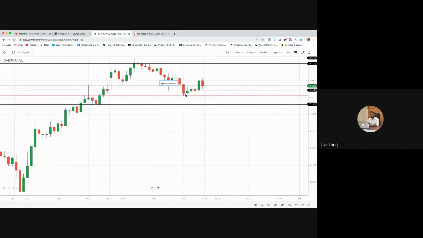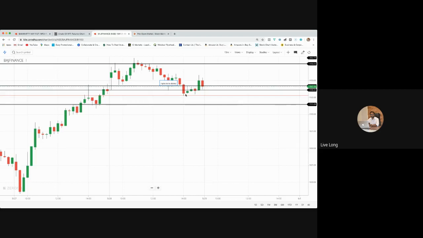Now, I realized that the stock has been in a continuous downtrend for the last 3 to 5 days. Not continuous, but sort of a downtrend. The next thing I realized is that even when Nifty was up today, the stock was falling down.